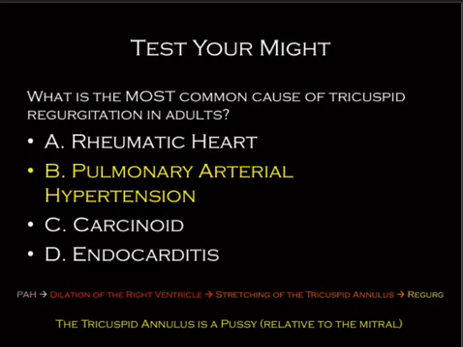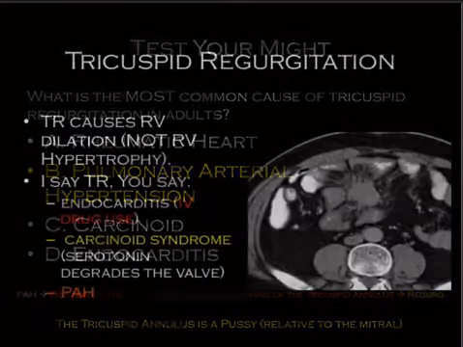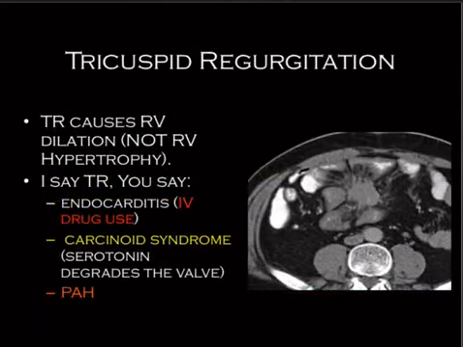The tricuspid annulus is not as strong as the mitral annulus. It can't tolerate any right ventricular hypertrophy, it just doesn't tolerate it well. It doesn't take much to tear it, or stretch it anyway.